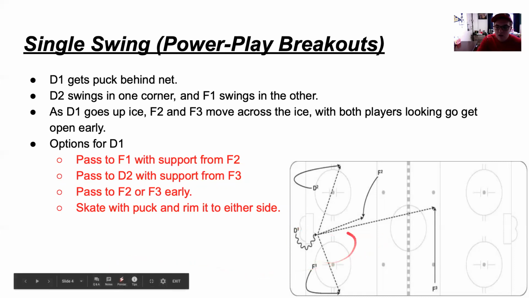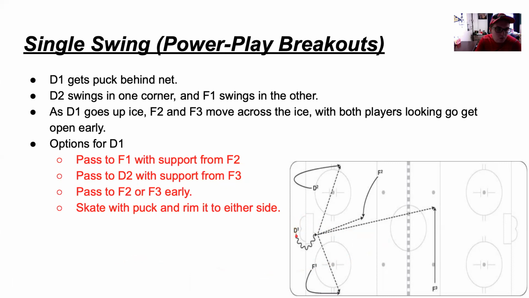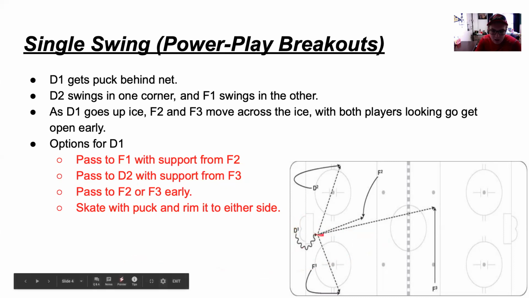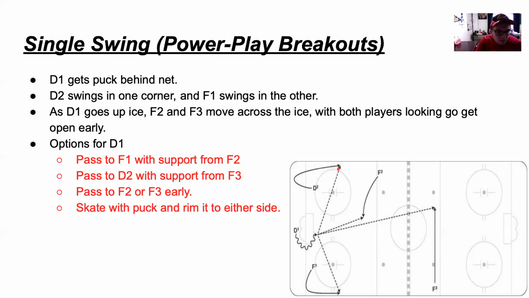So let's just take a look. I'll show you how this works. D1 gets the puck behind the net. D1 is going to skate a little bit. When D2 swings, D1 is going to have the option. D1 can either pass to D2, right here, with support from F3.